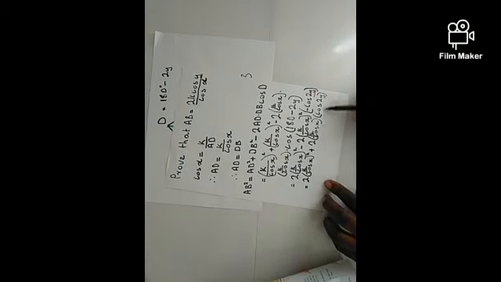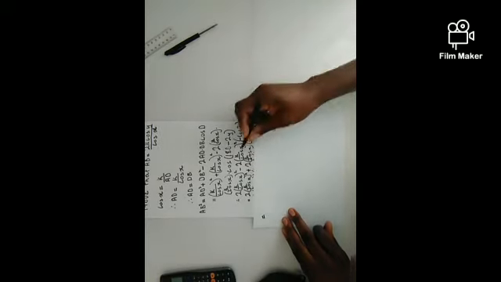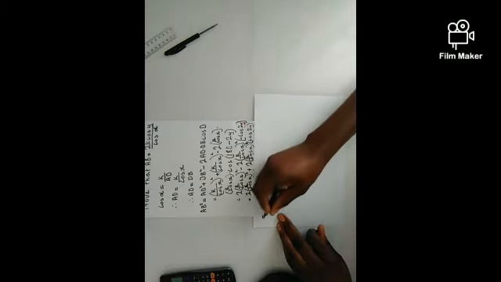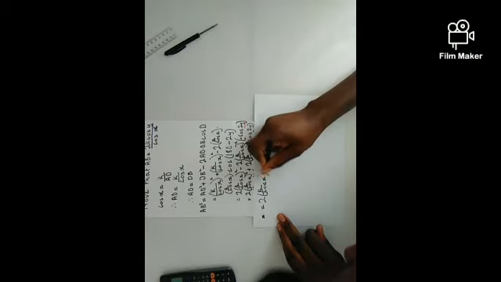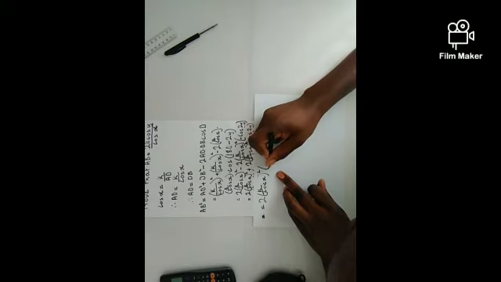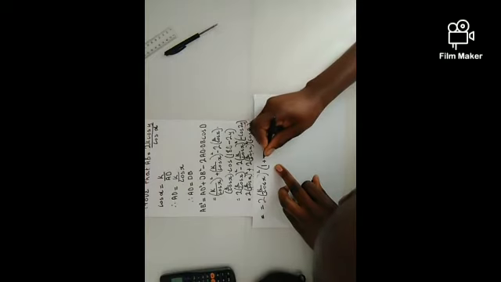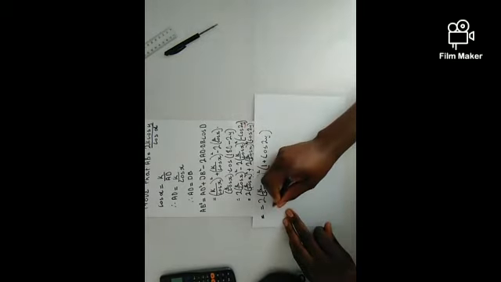Since here we multiply, we take out 2 into K over cos X squared as a common factor. Then we are left with 1 plus cos 2y.